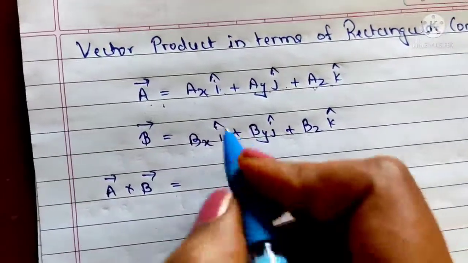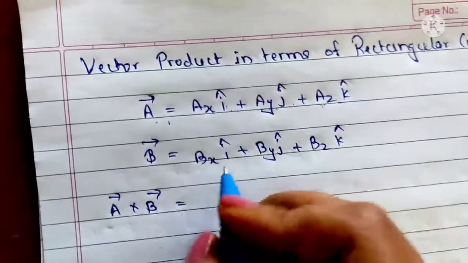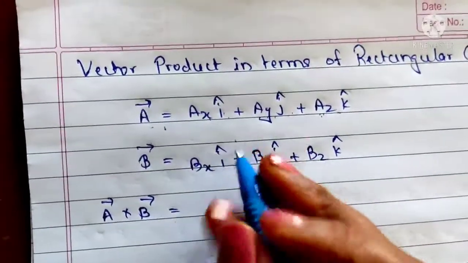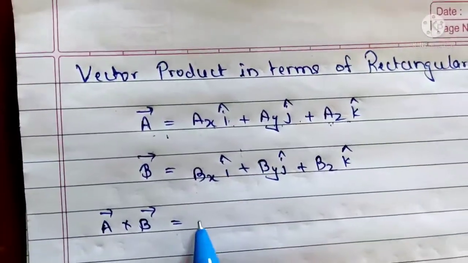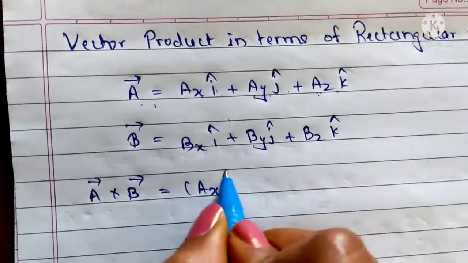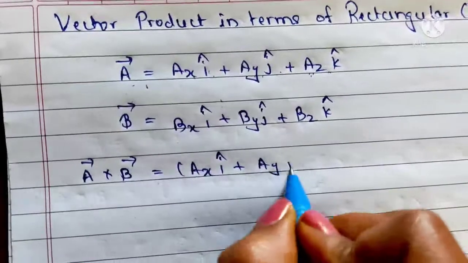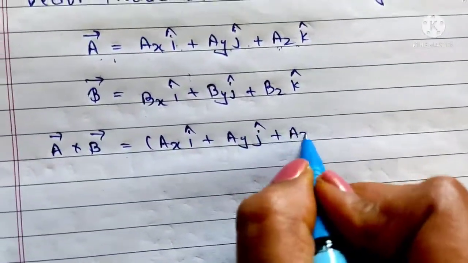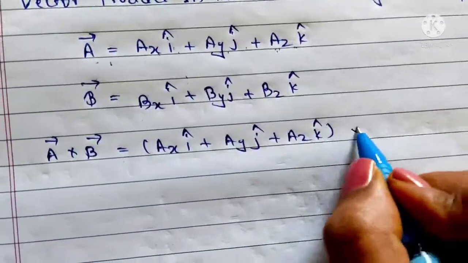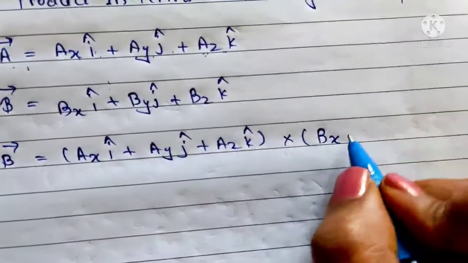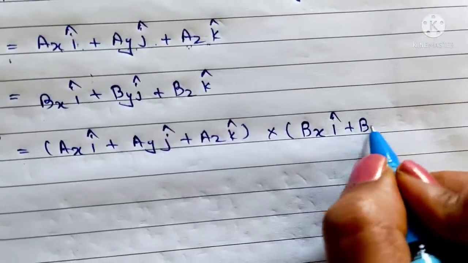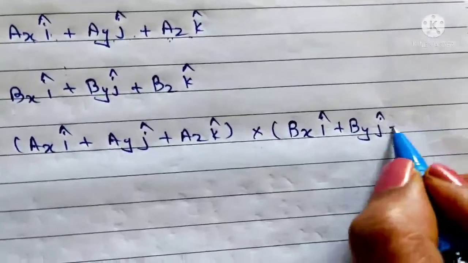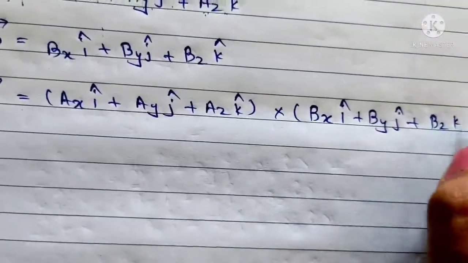Now take the RHS as the vector product of the RHS of the above two equations. So here ax i cap plus ay j cap plus az k cap cross the second vector bx i cap plus by j cap plus bz k cap.